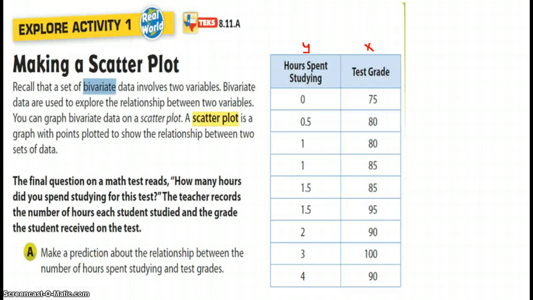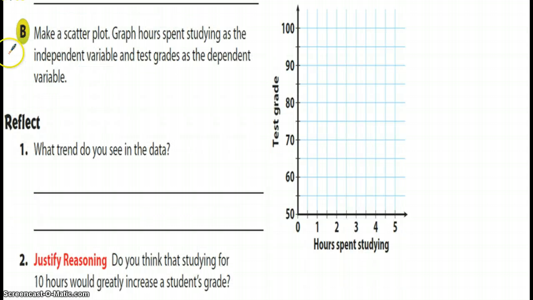So actually, if we want to do it according to what the author is saying, we want to make this our X and the actual test grade is our Y. So I think now we are, yes, okay. We're in correlation with what the author's saying.